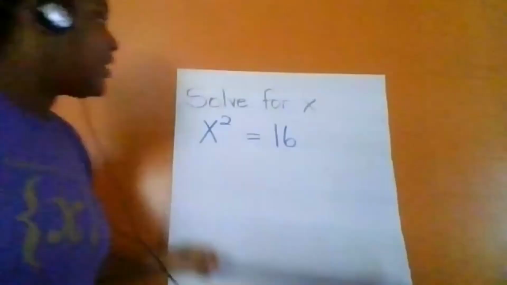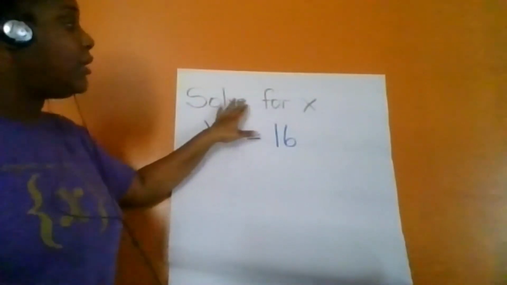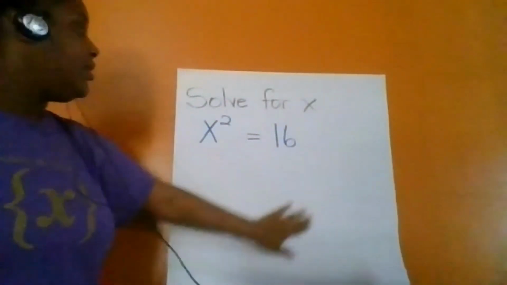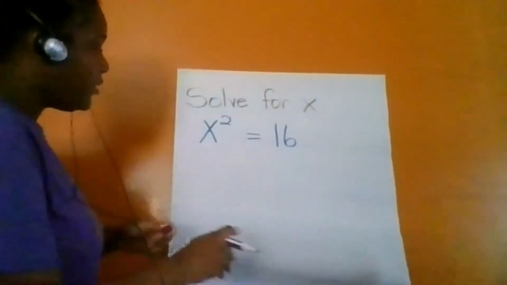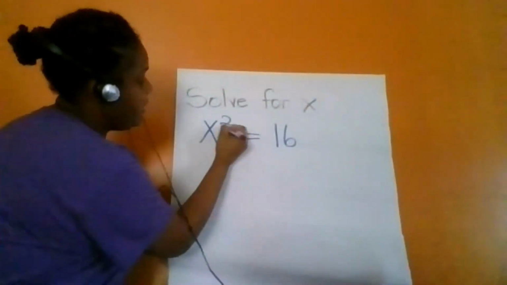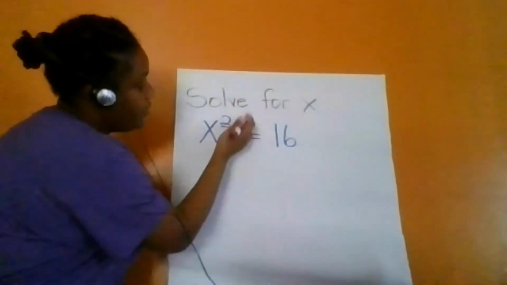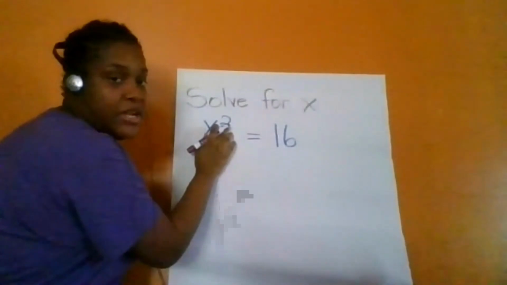Hi everyone. Today we are going to look at this problem. It says we should solve for x. In order to solve for x, we notice that we have x squared, so we have to get rid of the square.